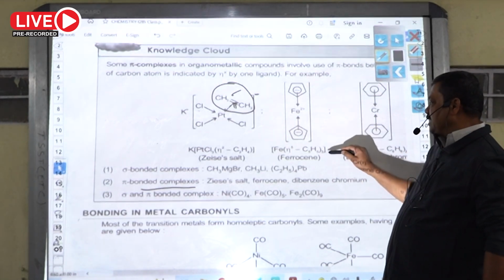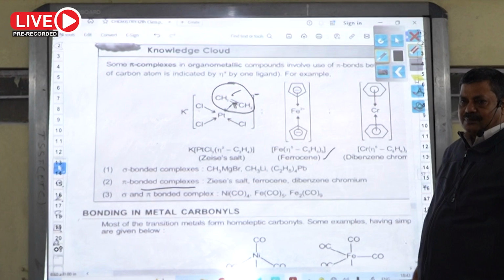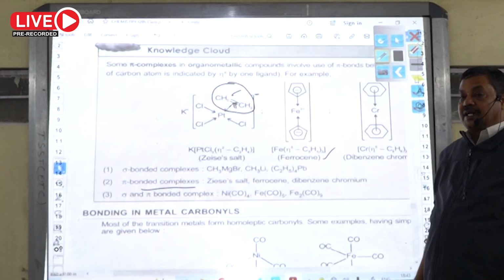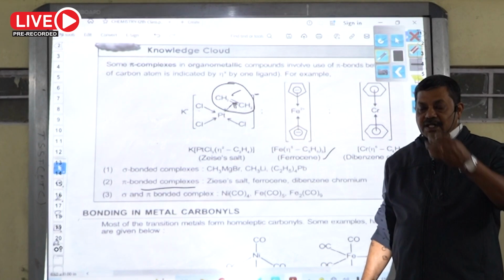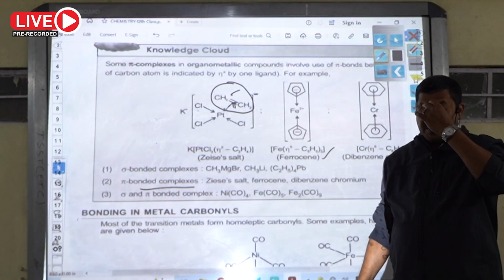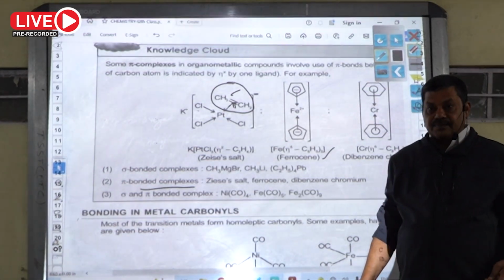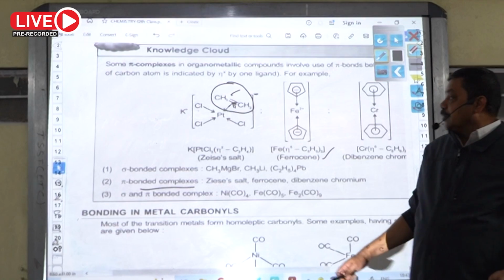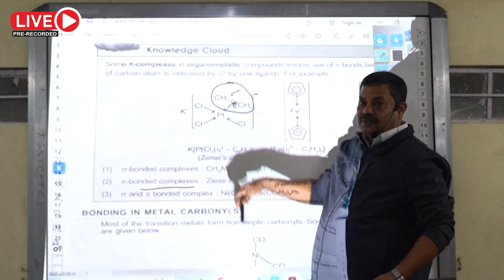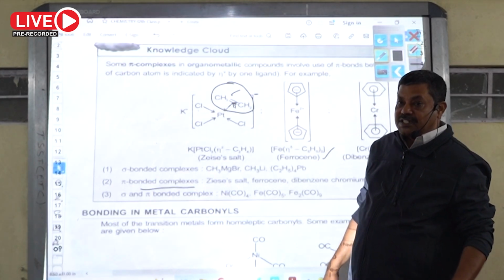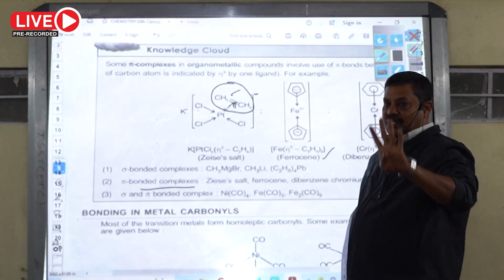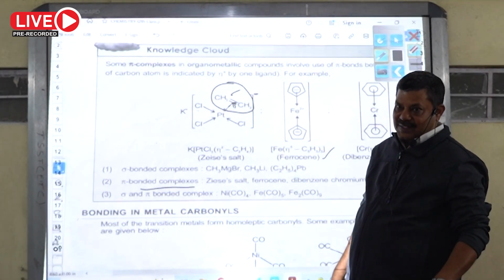The second one is ferrocene. So how do you distinguish between sigma and pi bond? Bond energy. Pi bonds are weak bonds always. Moreover, the pi electron cloud is donated to satisfy the coordination number 4. Platinum usually forms 4 coordination complexes.